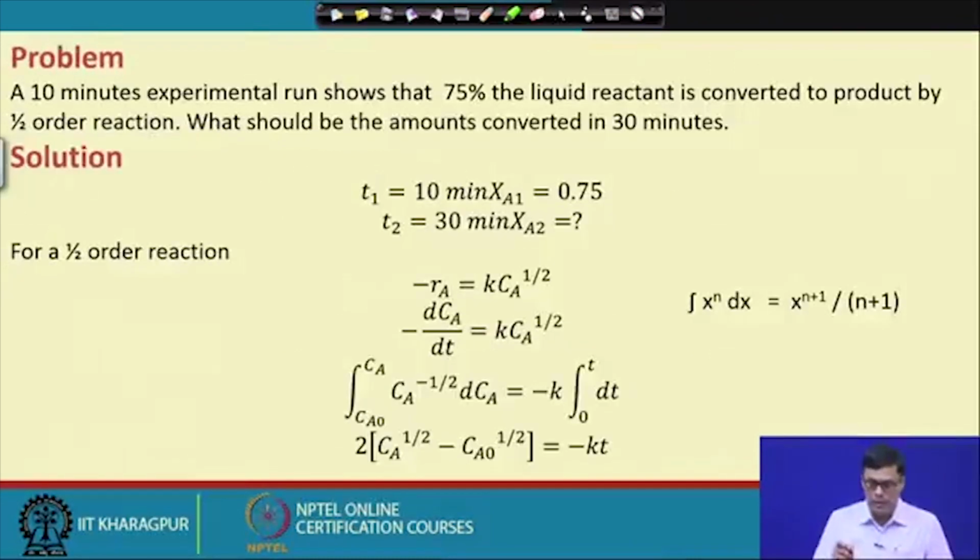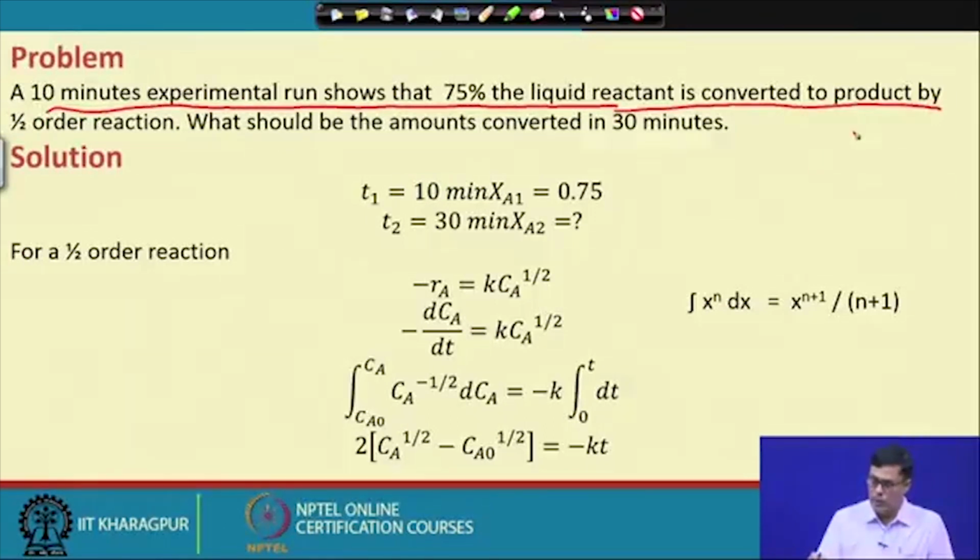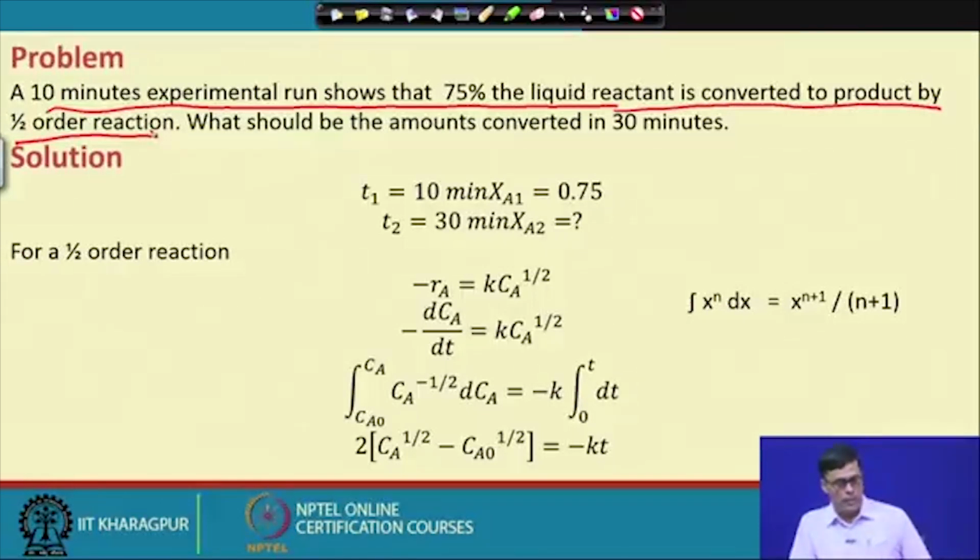The next problem is also very interesting. A 10 minute experimental run shows that 75% of the liquid reactant is converted to product by a half order reaction. Up till now, we have mostly discussed single order reactions, first order and second order reactions.